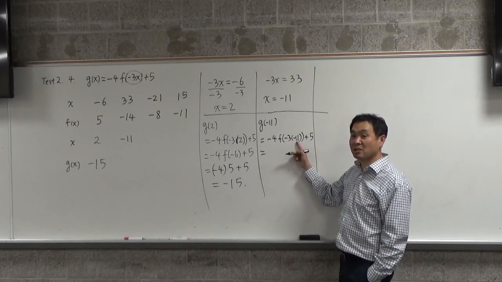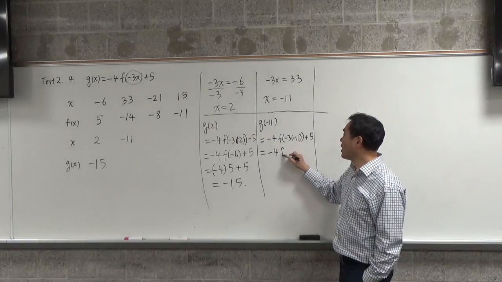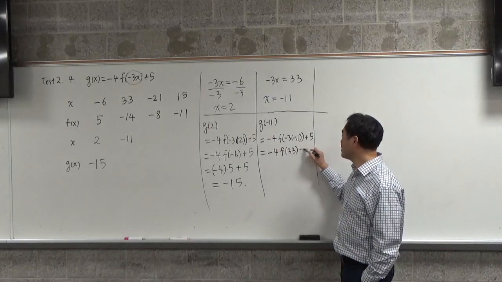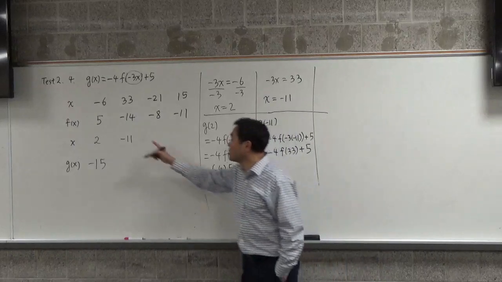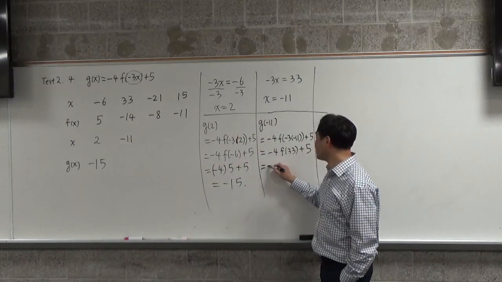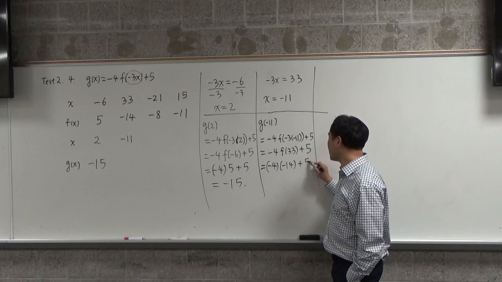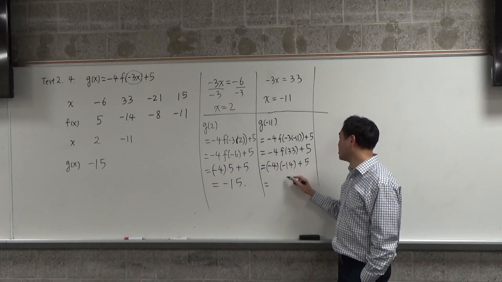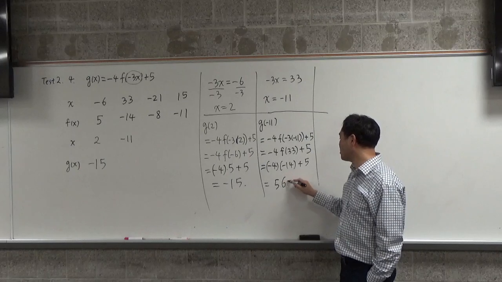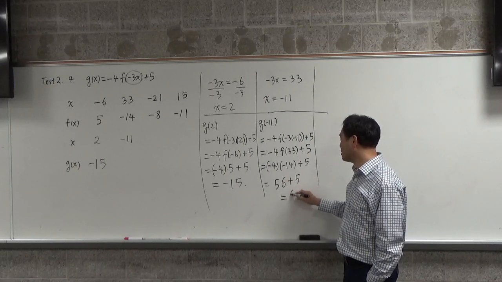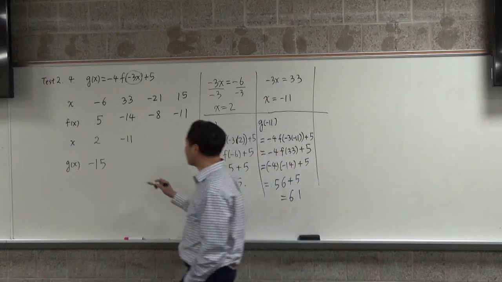Negative 3 times negative 11 is 33. And what's f of 33? Negative 14. So you put negative 4 times negative 14 plus 5, which is positive 56 plus 5, so it's going to be 61.